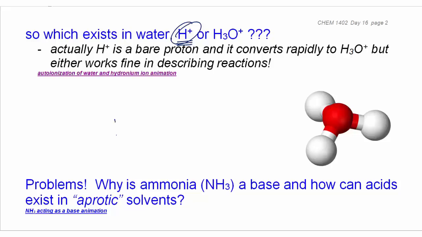So Arrhenius gave us the idea of hydrogen ion, acid, hydroxide, base. Okay, but life became more problematic. For example, ammonia had basic properties. And then we had acidic properties in solvents that didn't even have hydrogen ions. So we need more than one theory than what Arrhenius came up with.